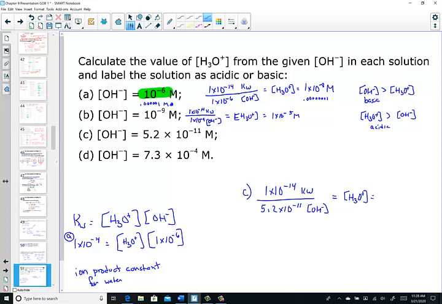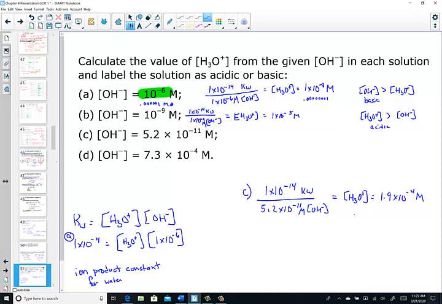Let's find it. 1e negative 14 divided by 5.2 e negative 11. My screen says 1.9 times 10 to the negative 4th molar units for hydronium. These are all molar units. I shouldn't be lax on that. There we go. Which one's bigger?